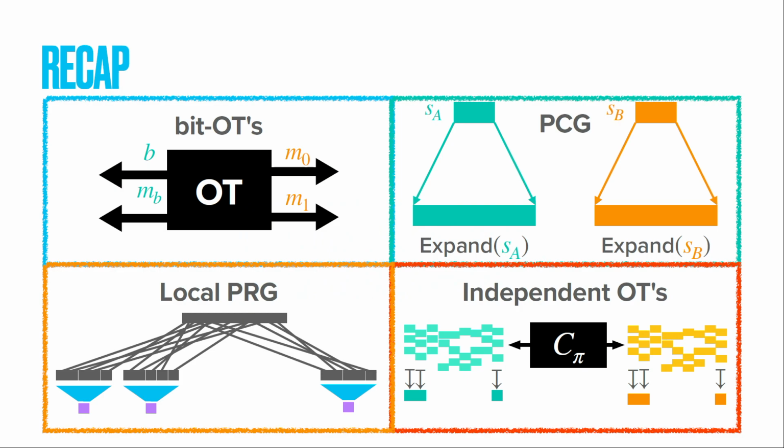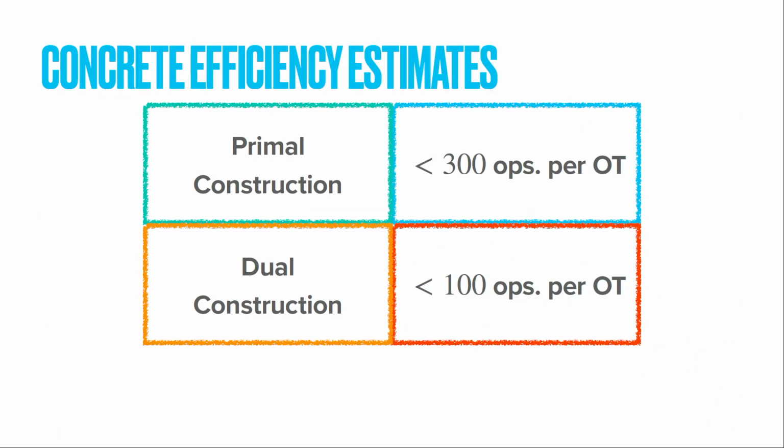Any questions? About the estimates that you had at the end, these are asymptotic, no? The 300 per OT, meaning that it's supposed to hold if you want to generate many OTs. Do you have any numbers where it could be in that ballpark of 300? Oh, yeah.